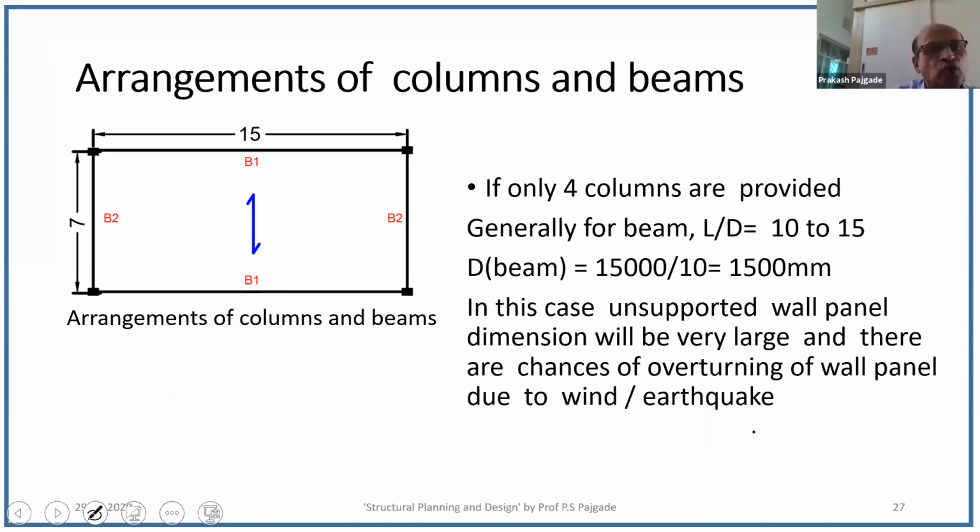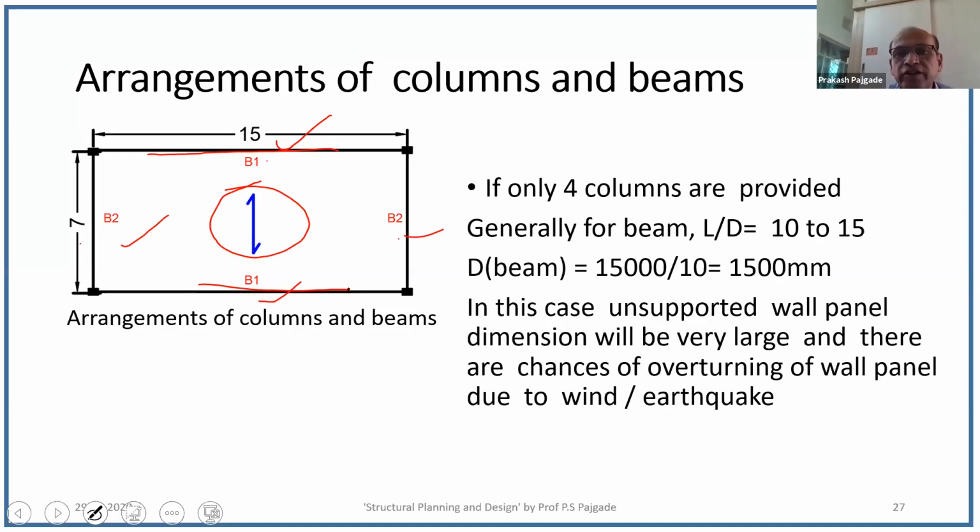Now, for the first option where only one-way slab is provided, theoretically we can have only two beams, B1 and B2. Main beam will be B1, B1, and only 4 columns will be sufficient theoretically. Let's see what is the effect of this.